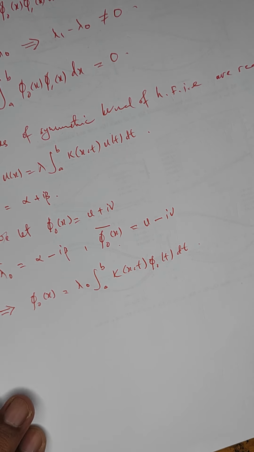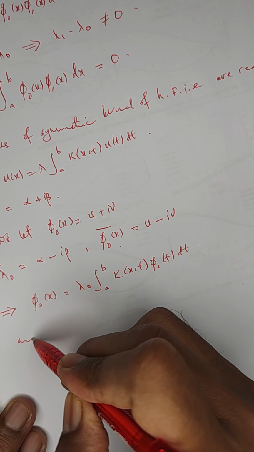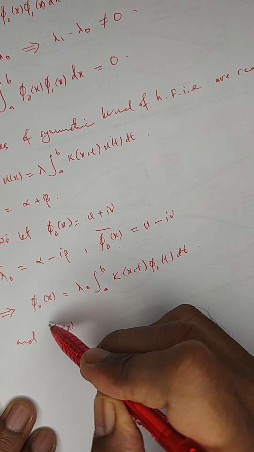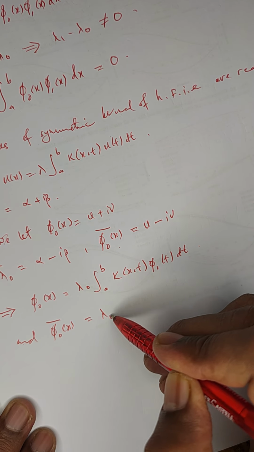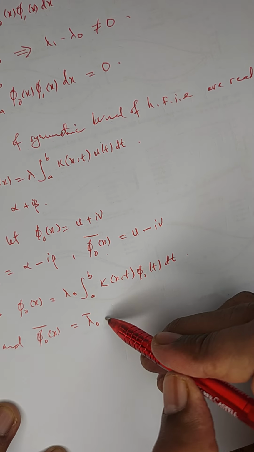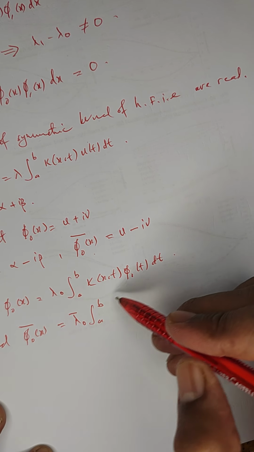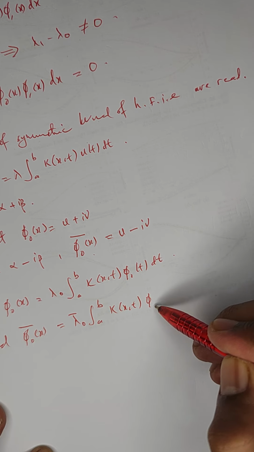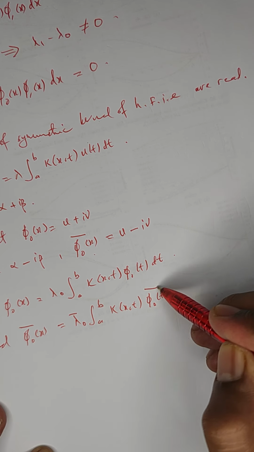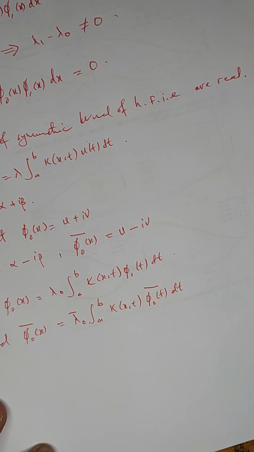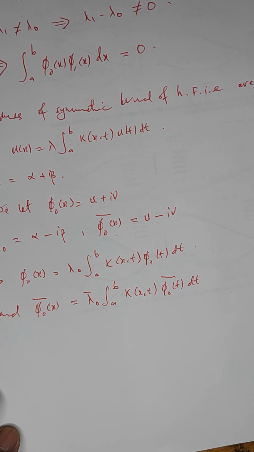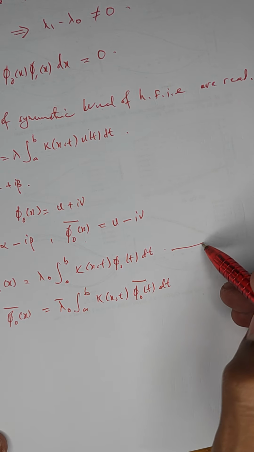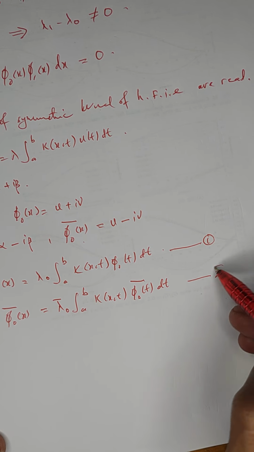All right, and also we have phi naught x bar equal to lambda naught bar times the integral from a to b of k(x,t) phi naught t bar dt. So let's call this equation number 1, and this equation number 2.